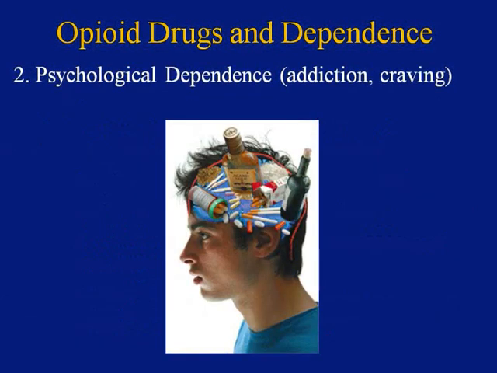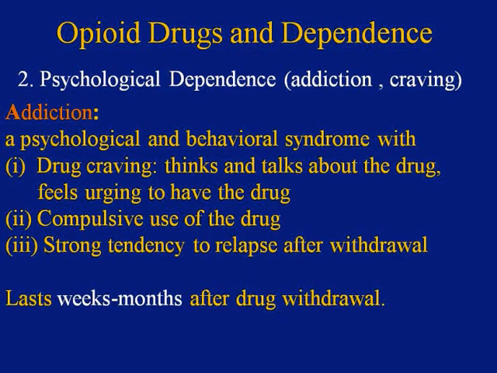And now we're going to consider the second type of dependence, which is psychological dependence. Now, physical dependence is over by 7 to 10 days, but psychological dependence lasts for weeks and months. So this is sometimes called addiction or craving. There are complex neurological changes occurring such that for weeks to months after the patient has stopped the drug, the patient still has this craving and thinks and talks about the drug.